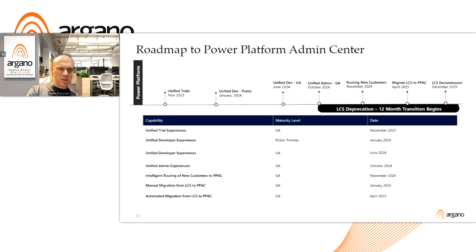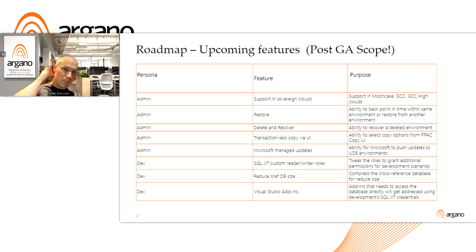So we're going to go into a slide here with some upcoming features for the roadmap. This is post GA. So support for sovereign clouds. If you're in that scenario, that's coming. Being able to do a point-in-time restore to the environment, and potentially from a point-in-time restore within the environment, or from, for example, production as well, to be able to recover a deleted environment, and the ability to select and copy options from, so this is transactionless copy via UI.